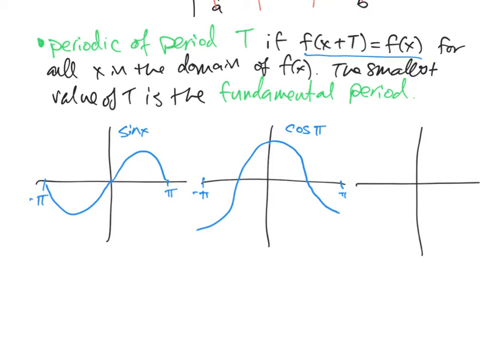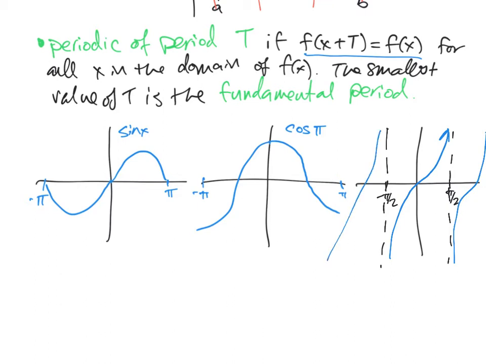Tangent has asymptotes at pi over 2 and negative pi over 2, and then goes like this. So sine of x has period 2 pi, cosine does too, and tangent of x has period just pi.